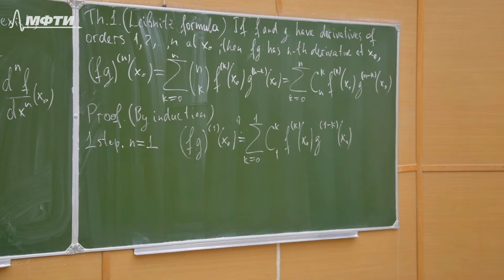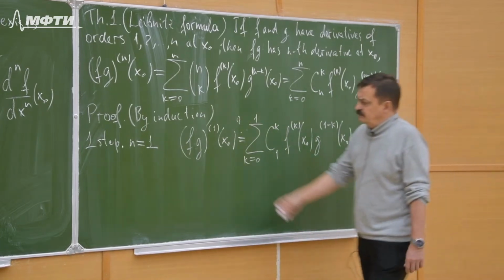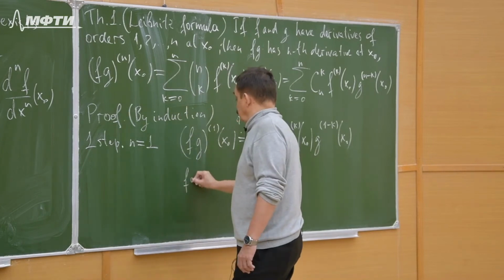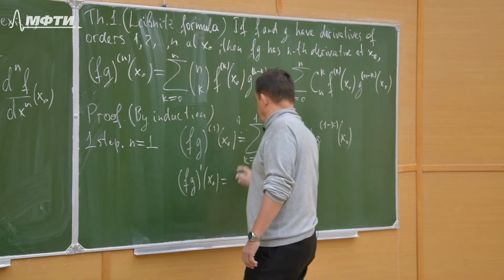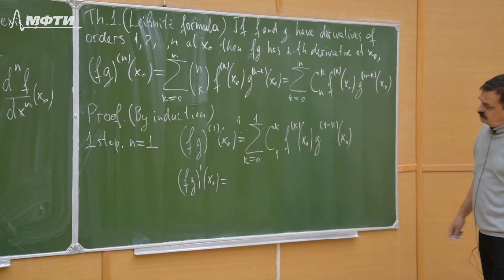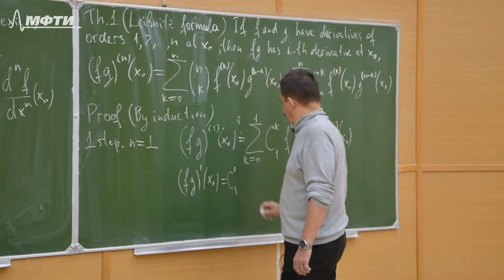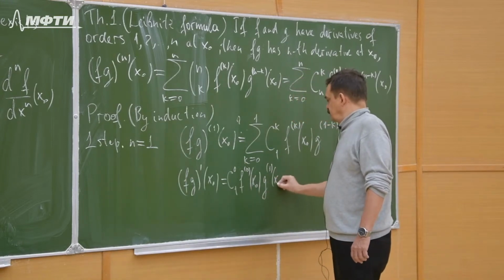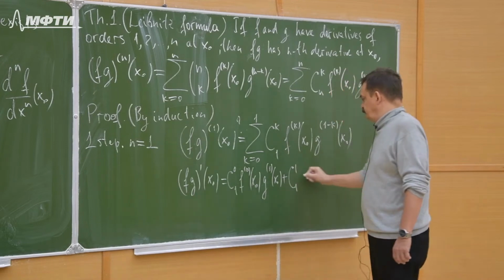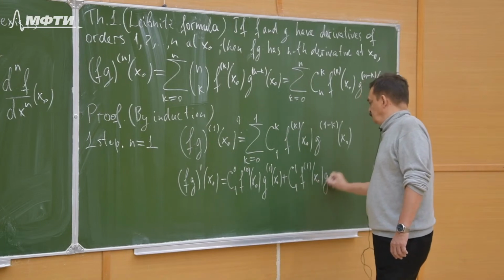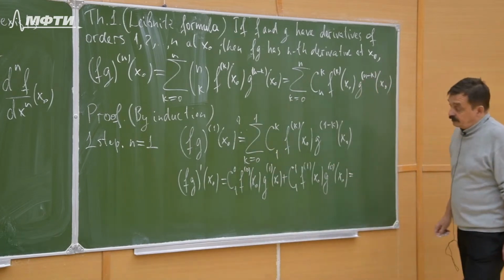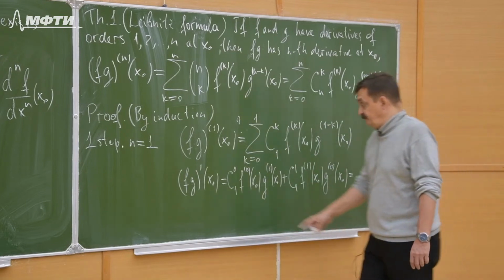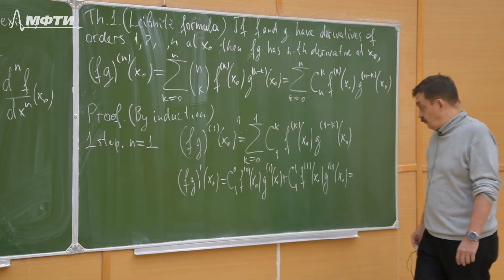And you see that in fact it's nothing else but the usual formula for the derivative of the product, because we have (fg)' at x naught equal to, the sum contains two terms, C(1,0) f0 g1 at x naught plus C(1,1) f1 g0, and recall the notation for the zeroth derivative as the function itself, and C(1,0), C(1,1) both are equal to 1.